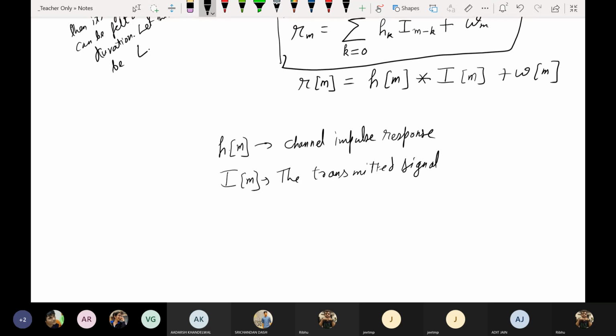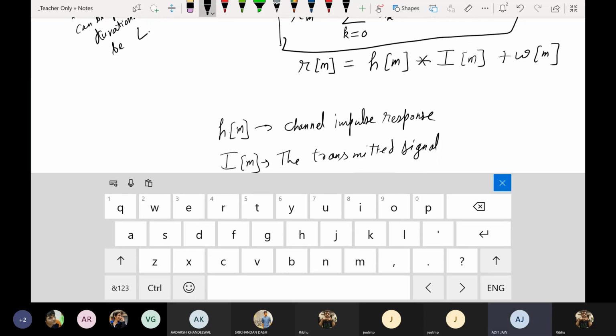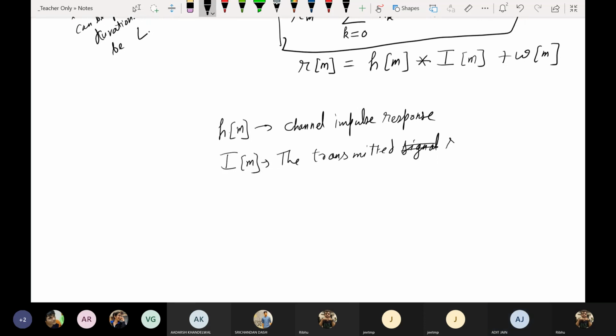Fine. So now I[m] is the transmitted signal or the transmitted symbol? Transmit symbol. Fine. We generally use these interchangeably.